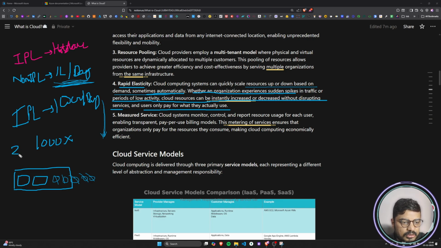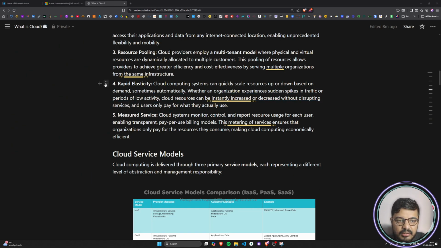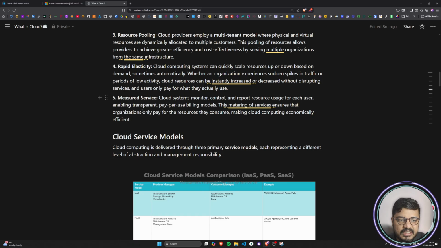Let's suppose they use 1000 servers only for 2 months, so they pay for 1000 servers for 2 months, and for the rest of the 10 months they pay for only 2 servers. This is a very useful feature provided by the cloud providers.